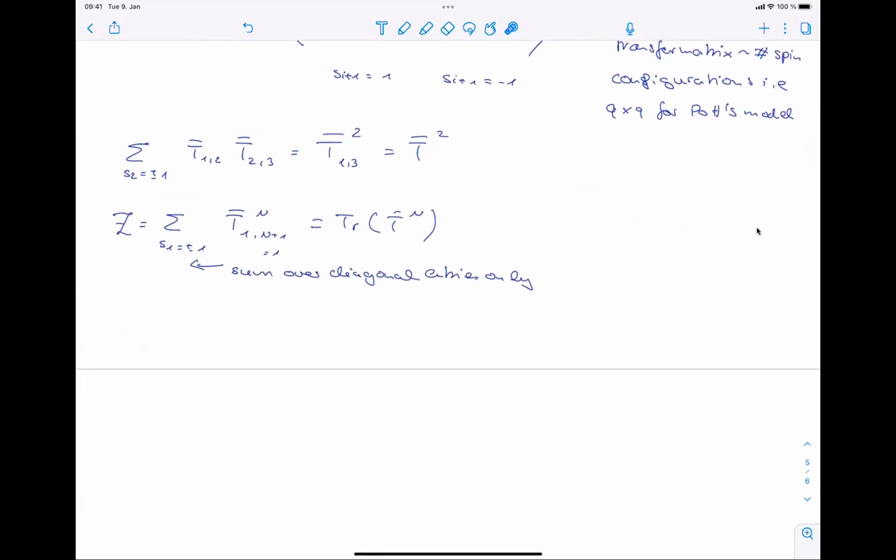And so to take the trace, what the trace actually is, it's just the sum over the eigenvalues, right? So say I define lambda plus and lambda minus as the eigenvalues of the transfer matrix T. Then I know that the trace of T is just lambda plus plus lambda minus.